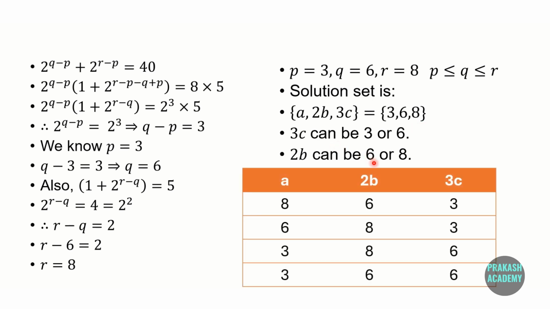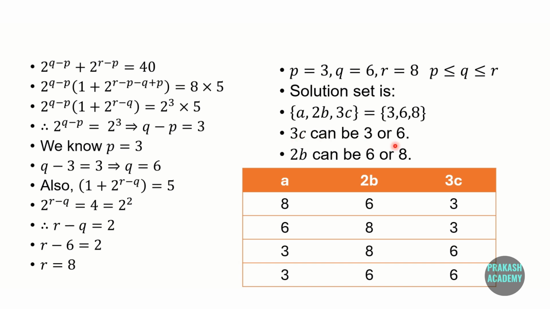So what are the possibilities? If 3C is 3, then I can have 2B is either 6 or 2B is 8. Once I have 3, 6, then the other number will be 8. I have 3 and 8, then the other number will be 6, because the three numbers are 3, 6 and 8. So we have done 3C is equal to 3.